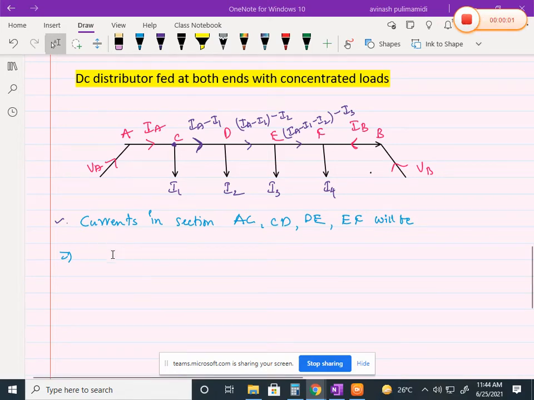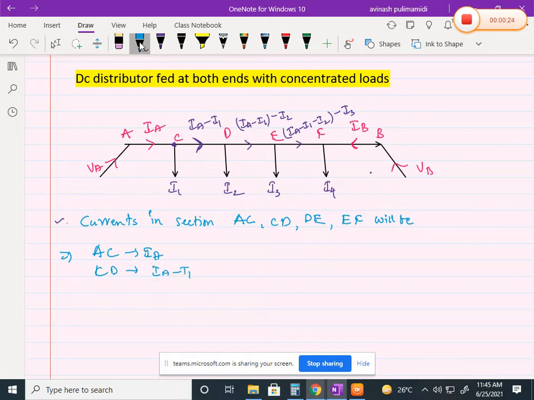Okay, then currents in section AC is IA. Similarly, currents in section CD will be IA minus I1.